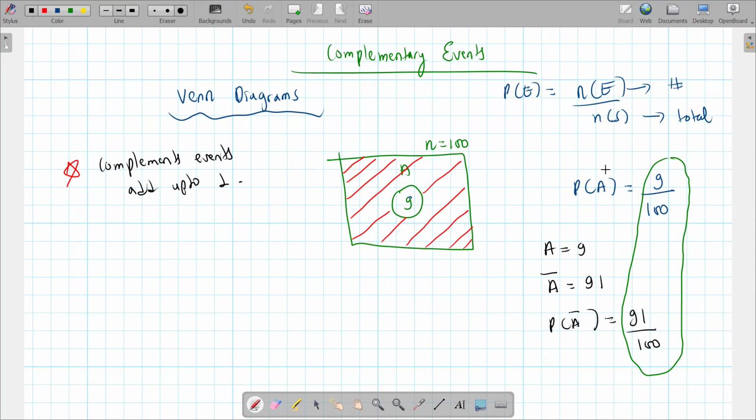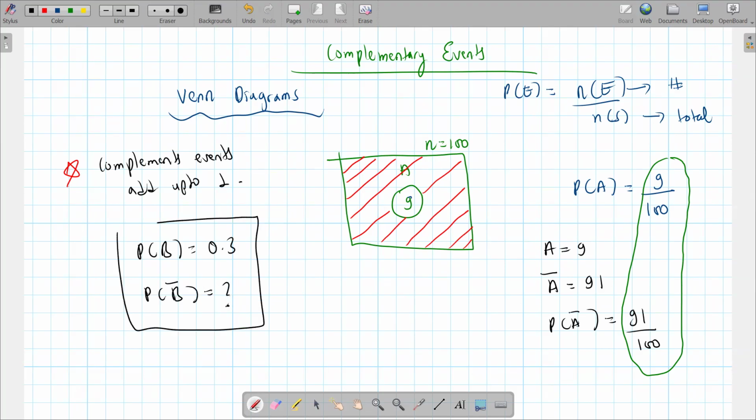So you don't need all of this to answer a complement event question. Let's say they just gave it to you. The probability of B is 0.3, and they ask you, what's the probability of B bar, the complement event? Let's say this is a question. Know that when you add up the probabilities of complement events, they will always add up to 1.